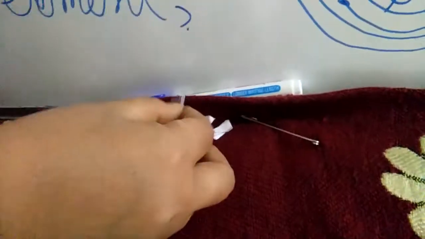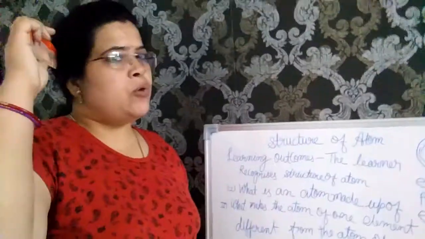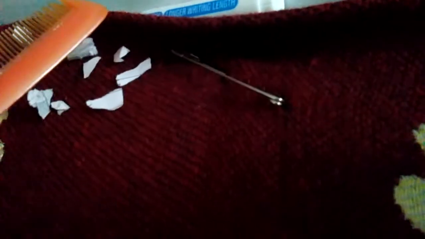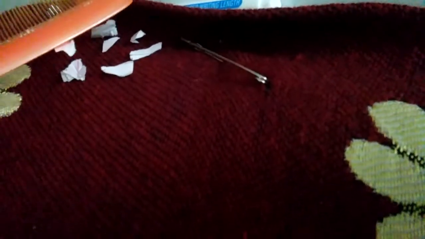Here I have taken some small bits of paper and a comb. When we rub the comb in dry hair, what will happen? I think you have performed this activity in the 8th standard. You can see the bits of paper are attracted towards the comb. This activity proved that particles are charged by rubbing.